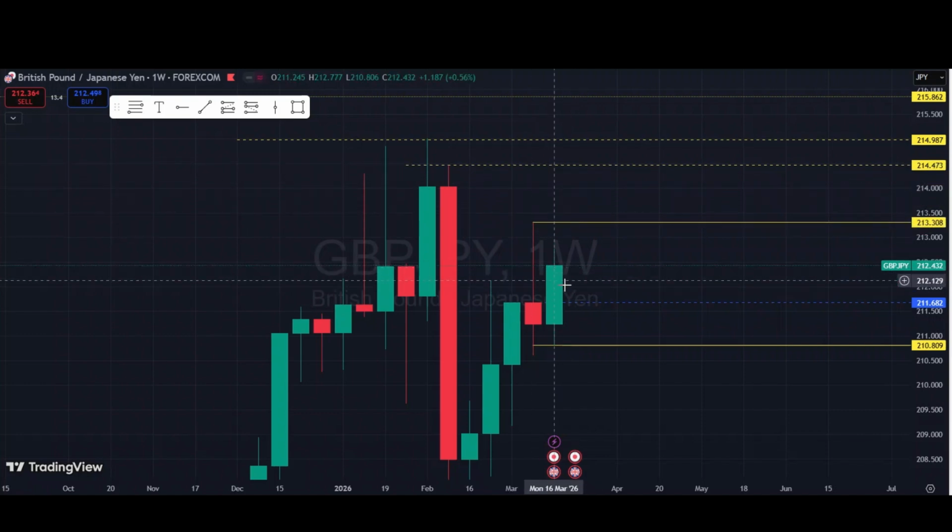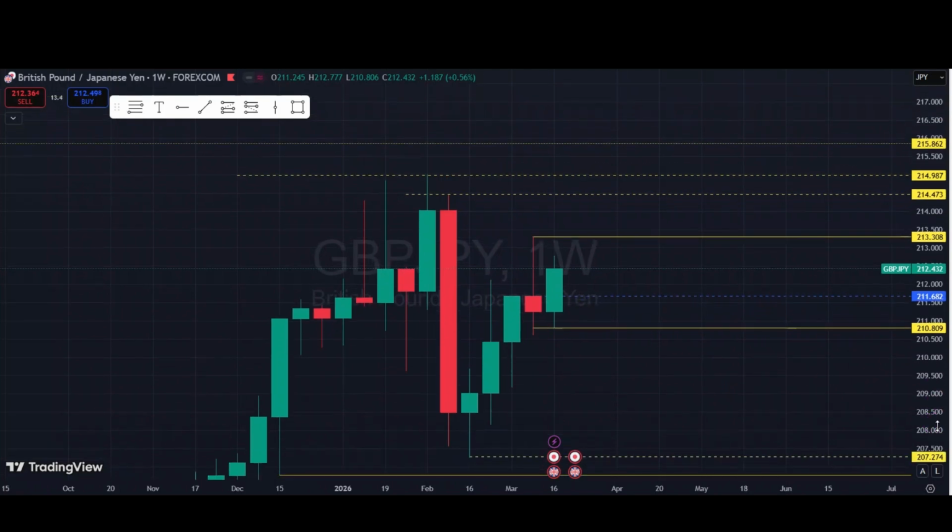If price opens, keep your eyes on the order block at 211.68. If it continues to go down, we'll see what the reaction will be at this particular level on British pound JPY. If it continues to go up, then focus on this particular level as our draw on liquidity.